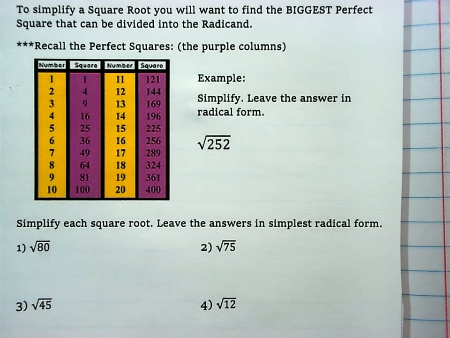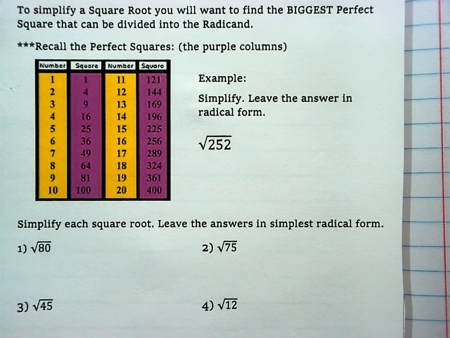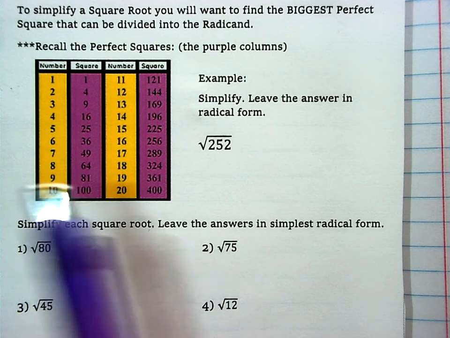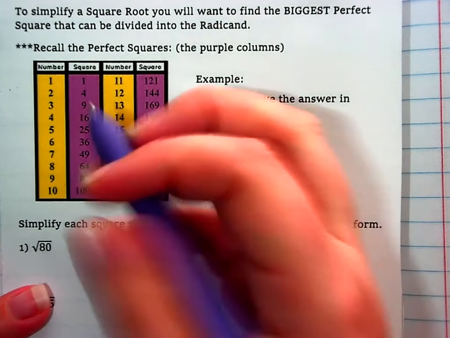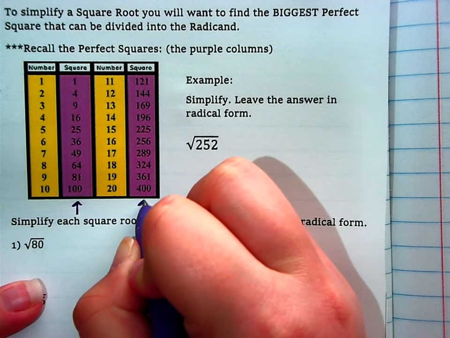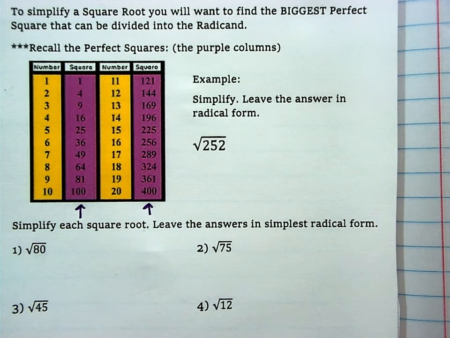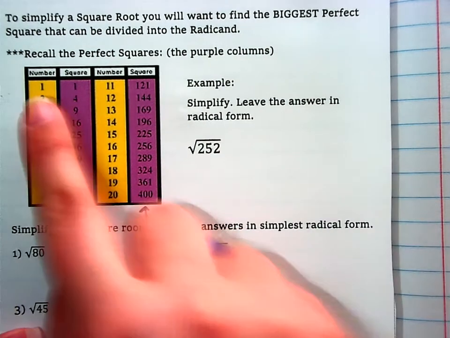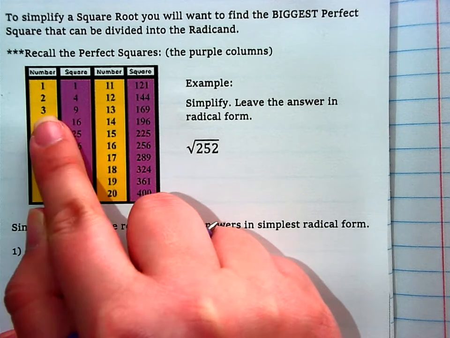So to simplify a square root, you will want to find the biggest perfect square that can be divided into the radicand. So I went ahead and found this on Google for you guys to remind you what perfect squares are. It is this column and this column, in case you did not print it in color, the purple columns. So when we square 1, we get 1. When we square 2, we get 4, and so on.